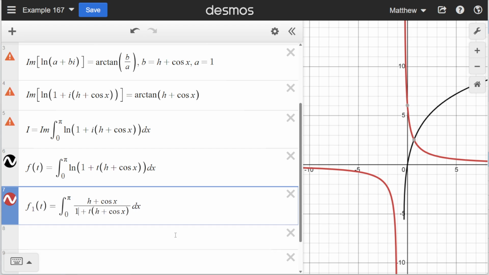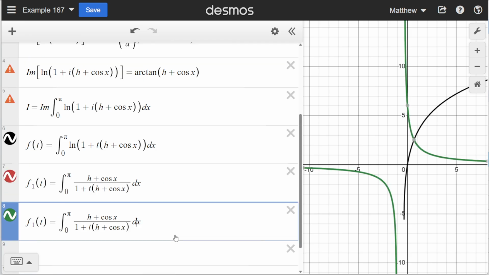So let's rewrite f prime of t a little bit differently. We'll say it's equal to this, and then we're going to modify it a little bit. Let's put a parentheses in front of here, and then we'll put a t here, and then a 1 over t. So we have the exact same thing.